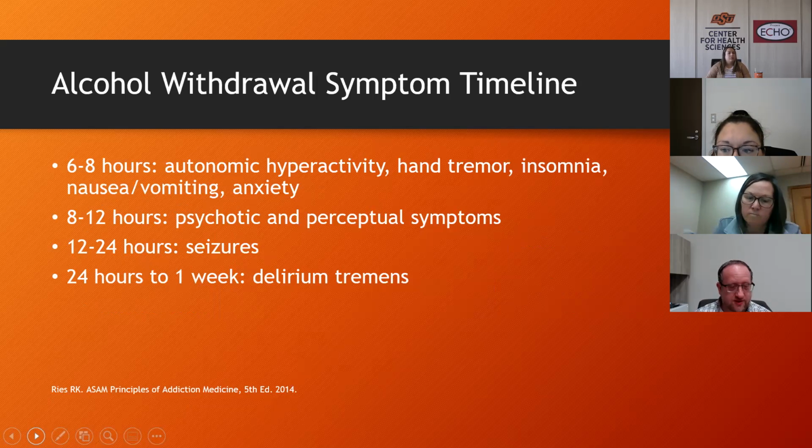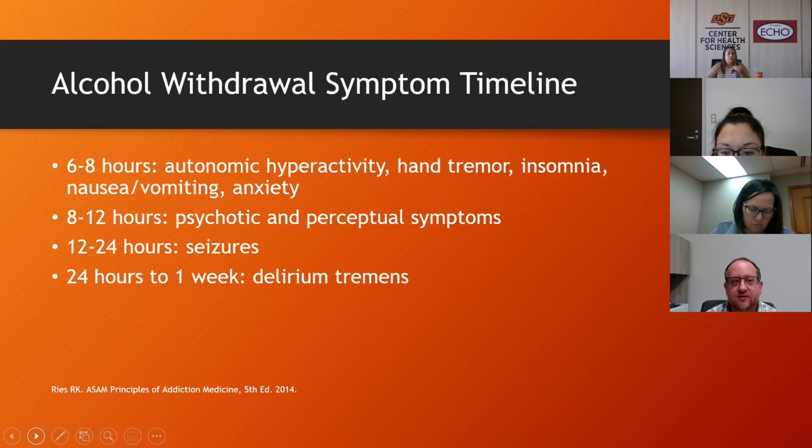As I mentioned before, this is going to be kind of an agitated or hyperactive brain state. Alcohol withdrawal symptoms are various, and there are individuals who will have some of these symptoms on the slide and not others. But this time frame is generally the time you want to watch for certain symptoms, particularly as you get into more serious symptoms.